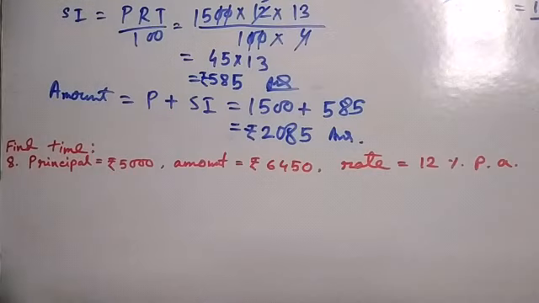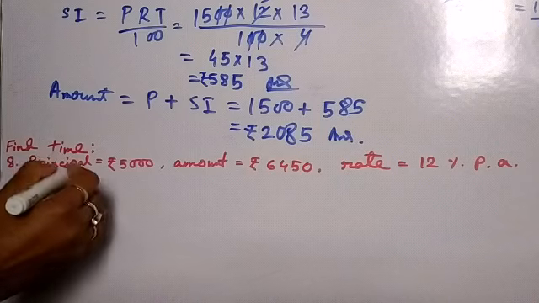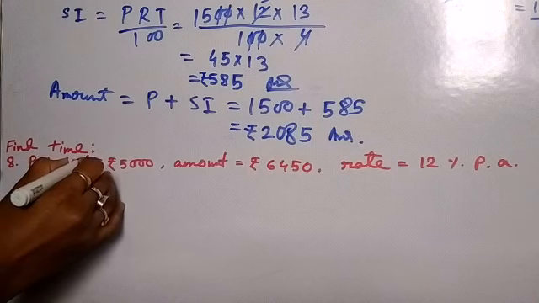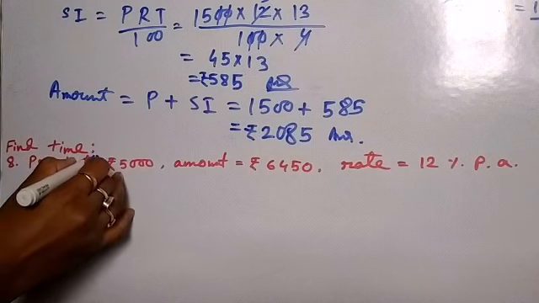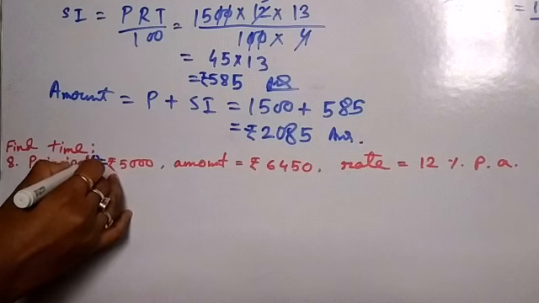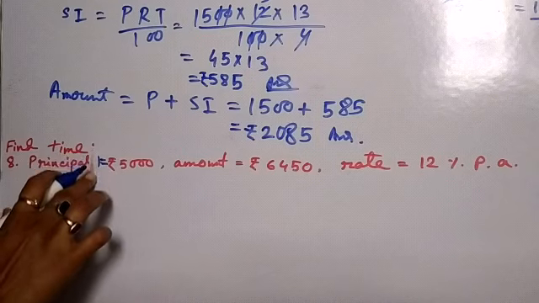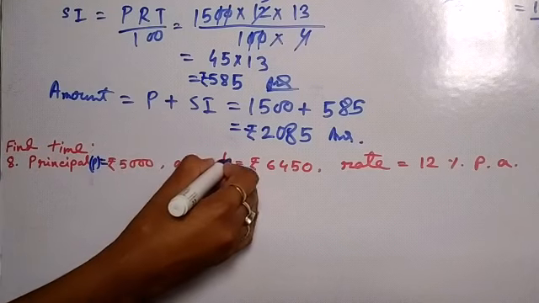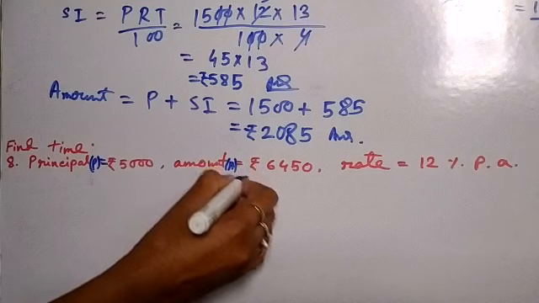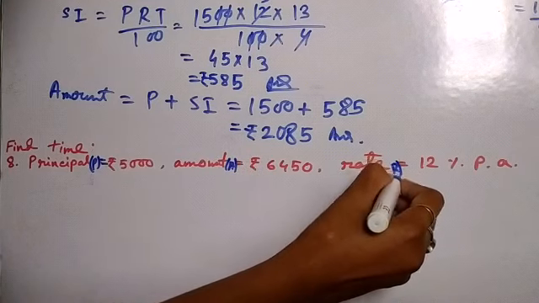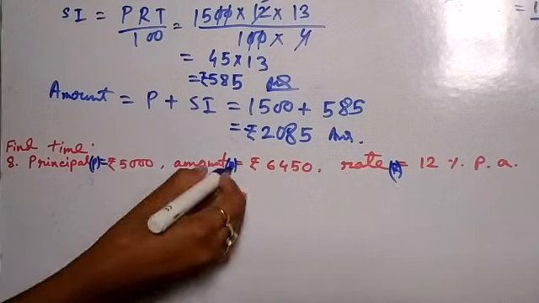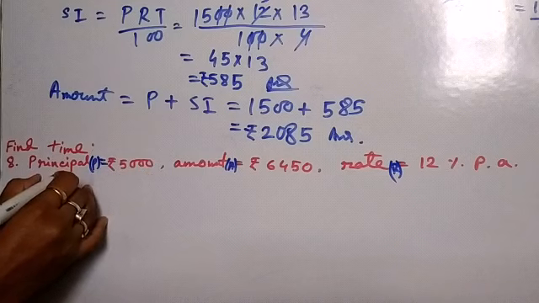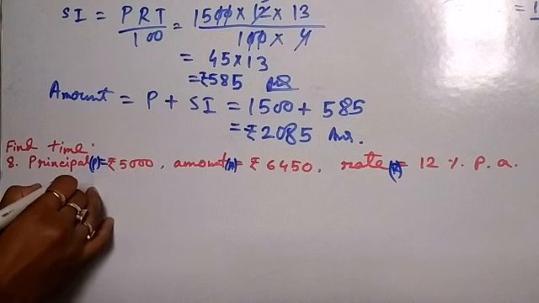Now question number 8. Principal is 5,000. Short form we have to write amount, that is A, rate of interest, that is R. So from amount and principal we will find out SI.